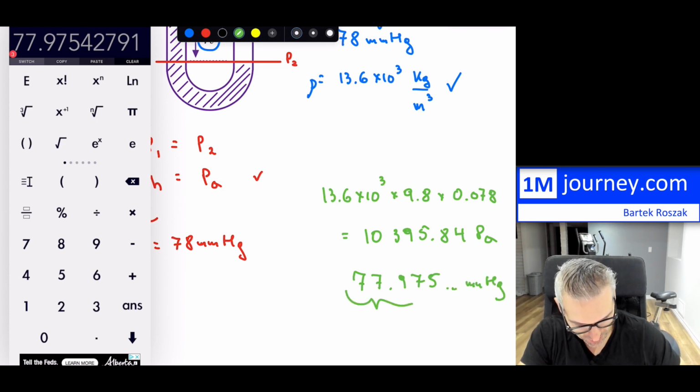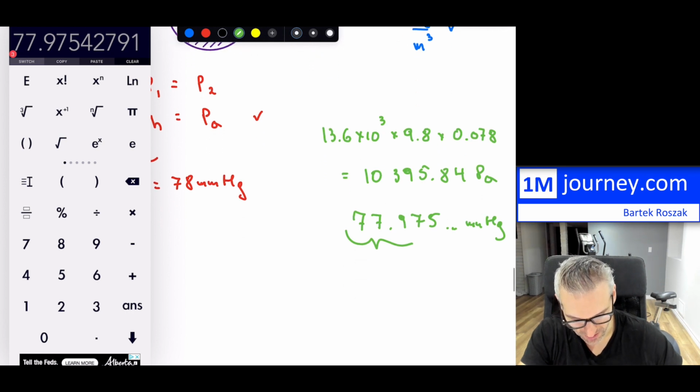Even if you round this to 3 sig figs, it indeed will change to 78 millimeters of mercury, which is exactly what the reading was.